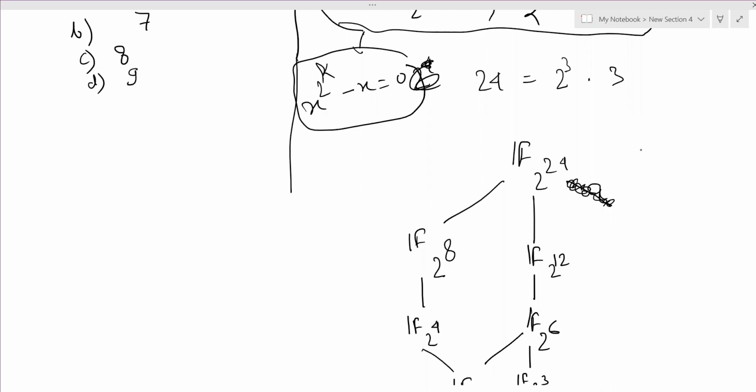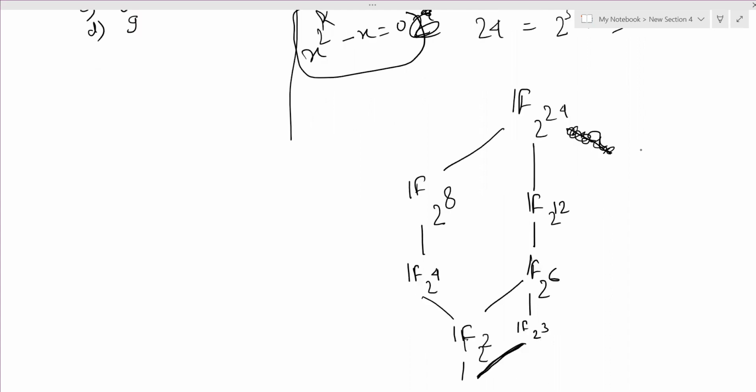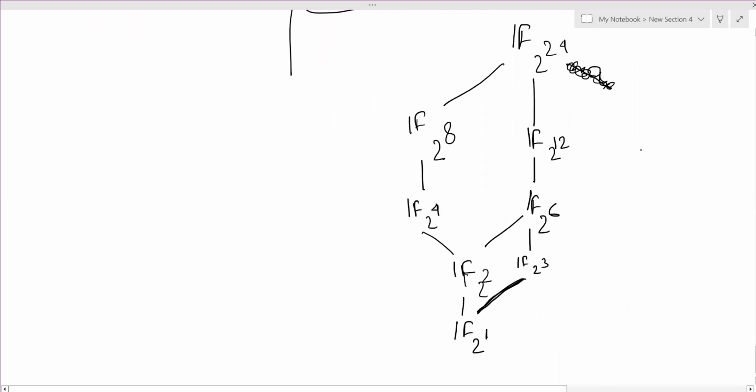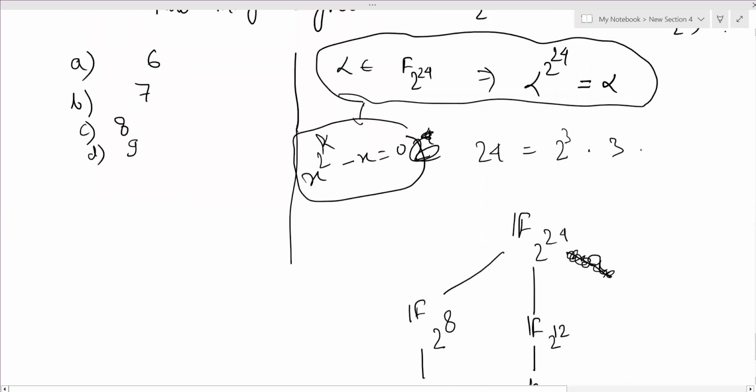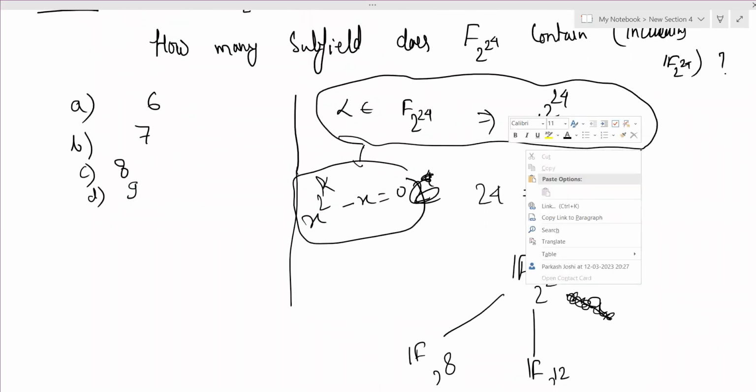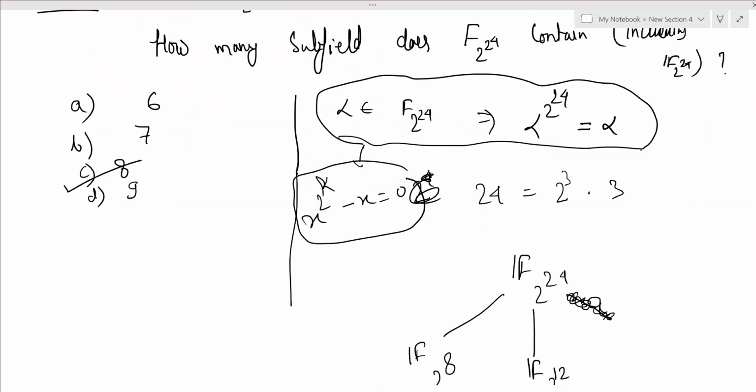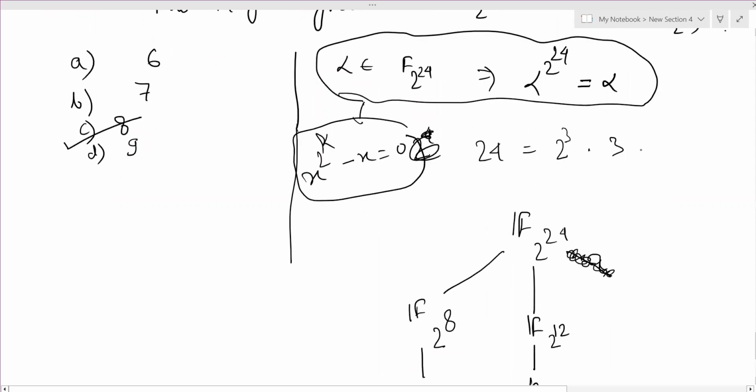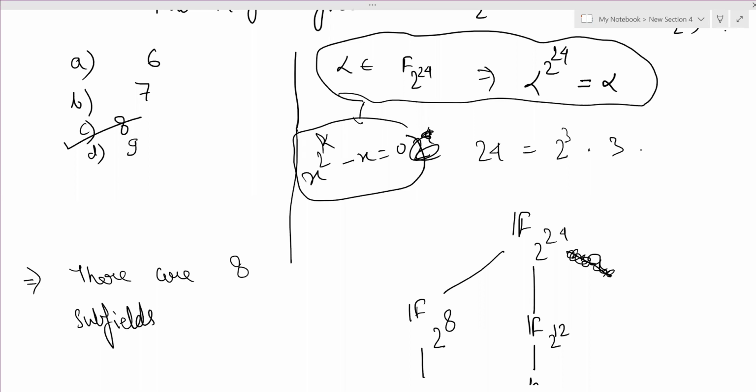Muthukumar, are you getting it? Yes. So how many subfields do you get? 8 subfields. This implies there are 8 subfields of F 2 to the power 24.